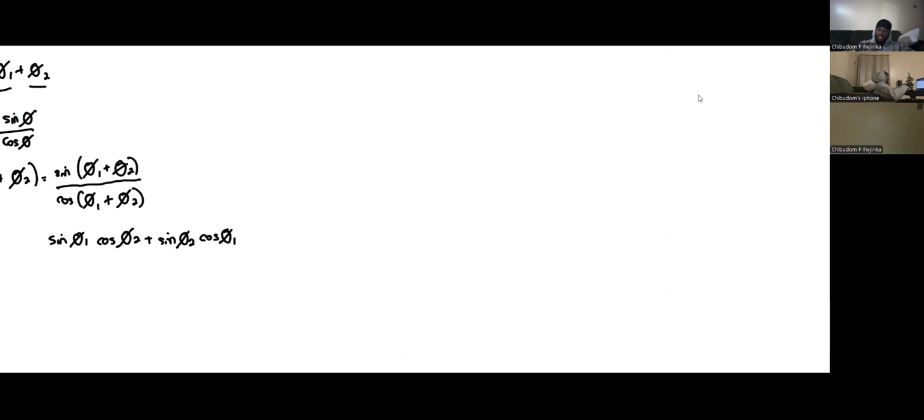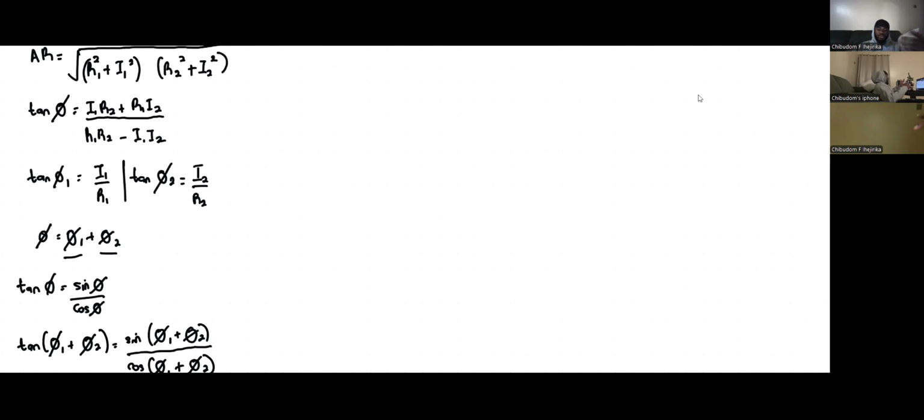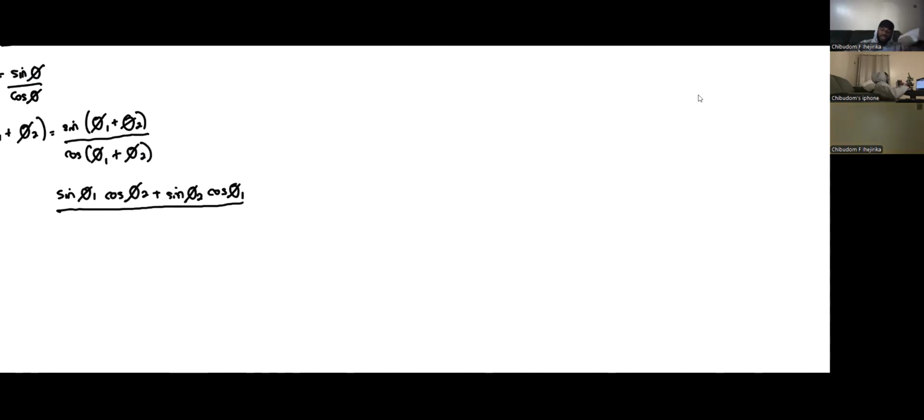Then similar to what they did, the below one was the R2 minus. We know what R is, cosine, and we know what I is. So that's basically cosine 1, 2. That was a negative sign up there.